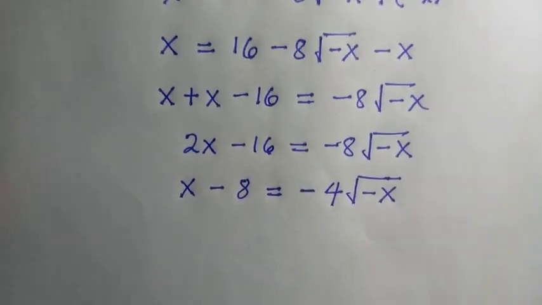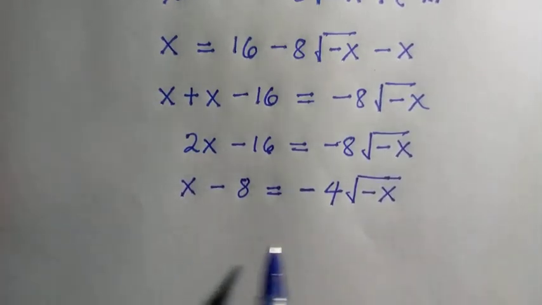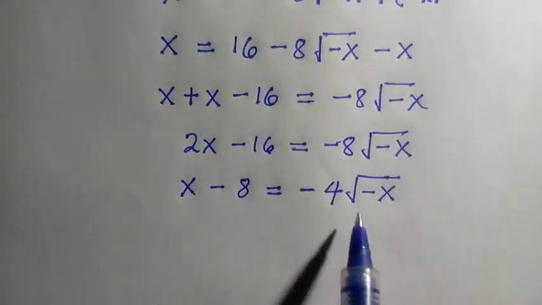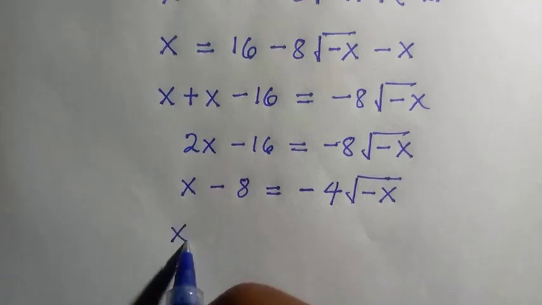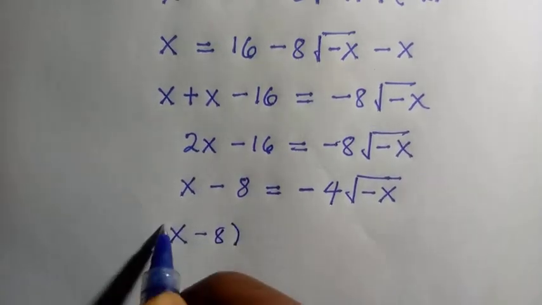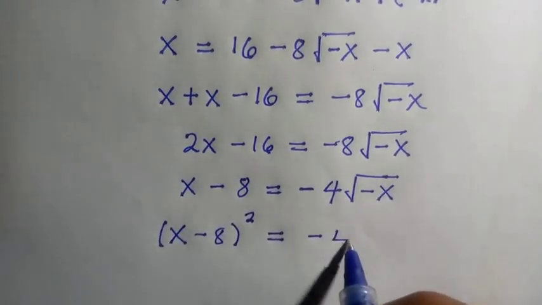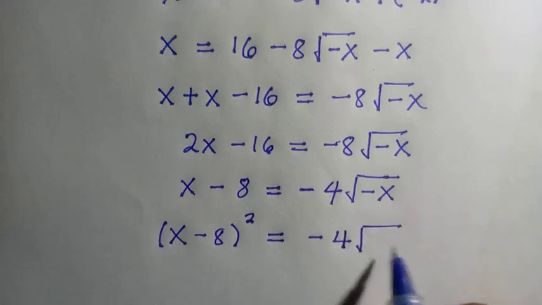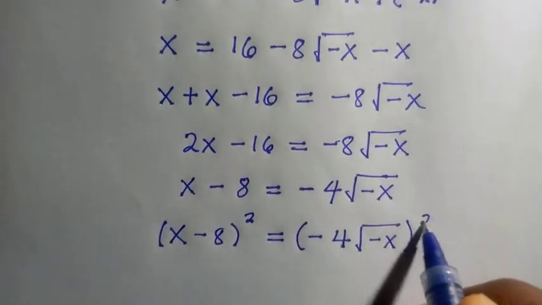So after getting this, let's try to take the square of both sides for the second time, just to get rid of this root, as we have x minus 8 raised to power 2 equals minus 4 the root of minus x all raised to power of 2.